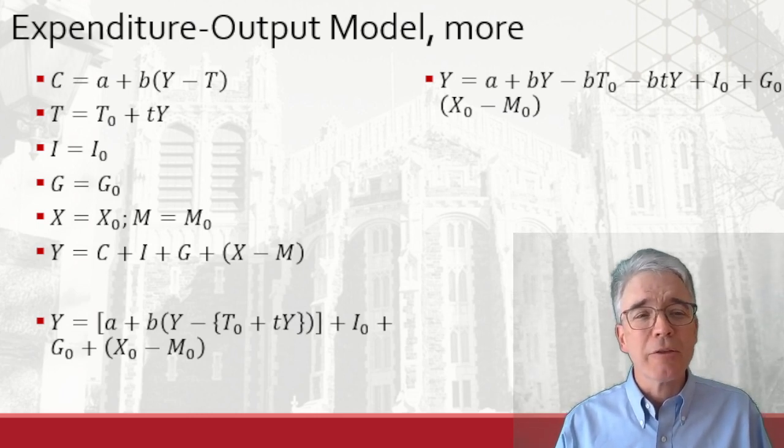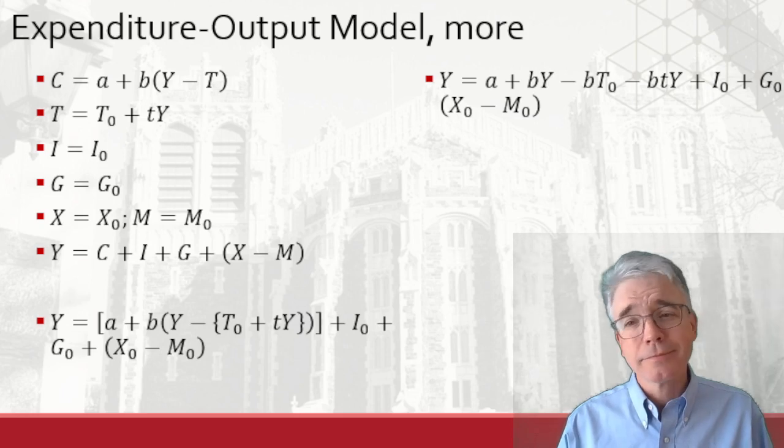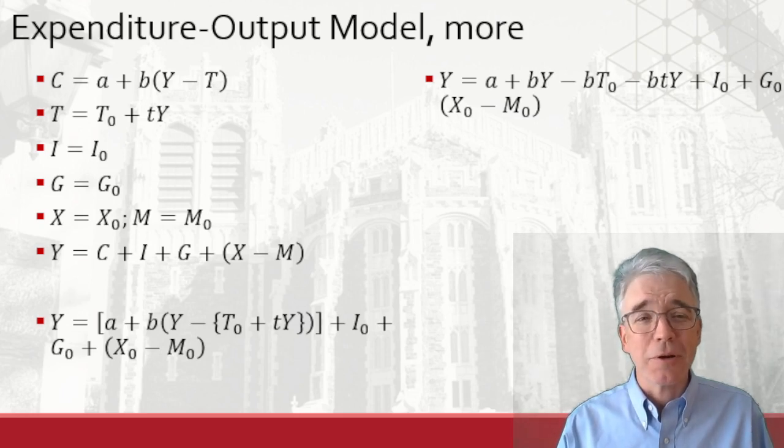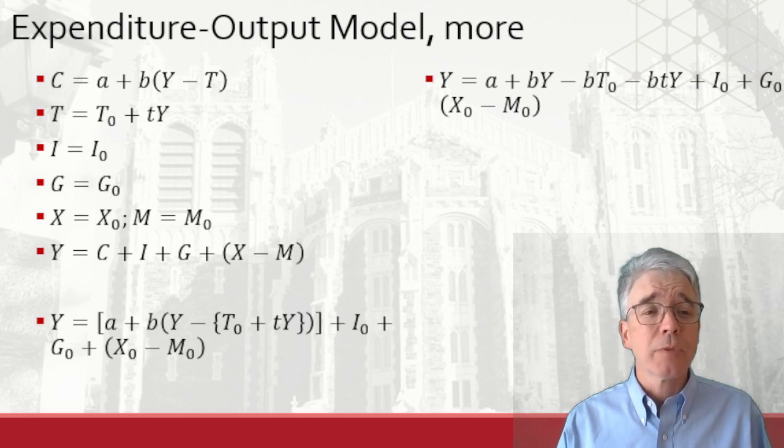For now, we'll keep the other variables I, G, X, M to be all set at some level which is exogenous, determined outside the model. Yeah, the terminology is kind of boring, I apologize, but it's complicated enough. Then we do some steps of algebra. Put each of the first equations into that last definition of aggregate expenditure and simplify. Y equals aggregate expenditure, that's our fundamental equilibrium condition.